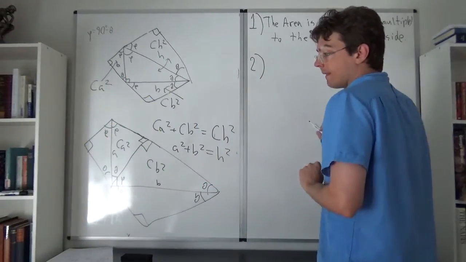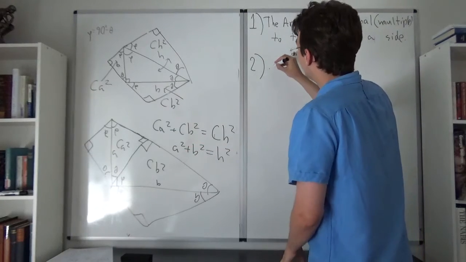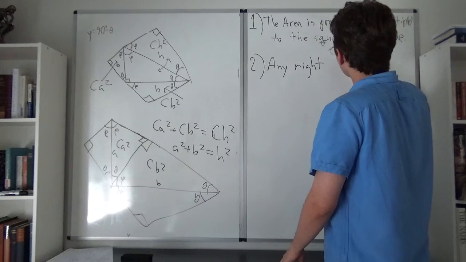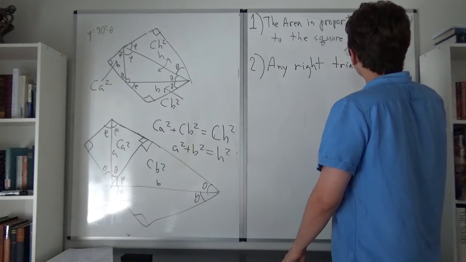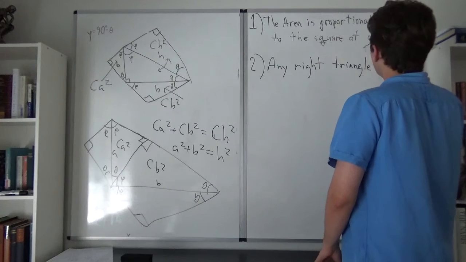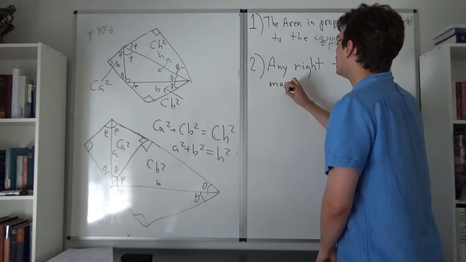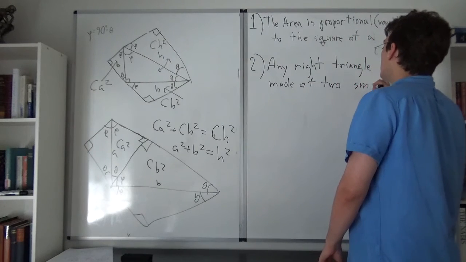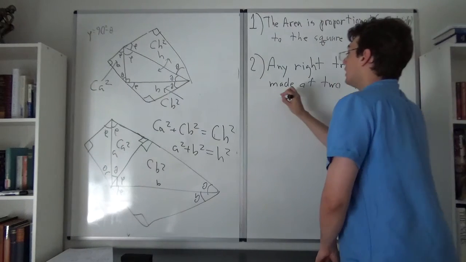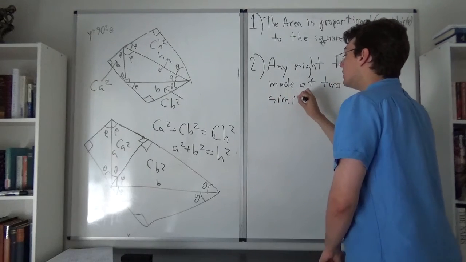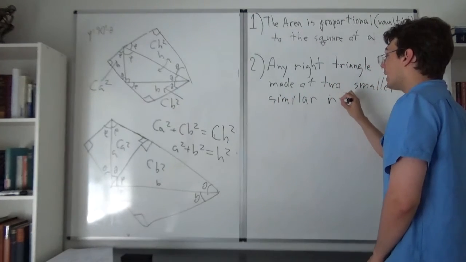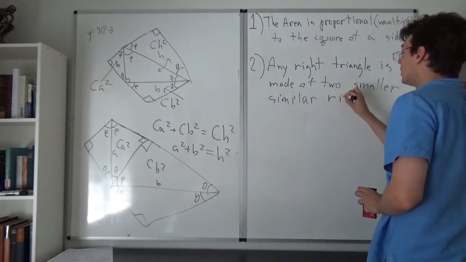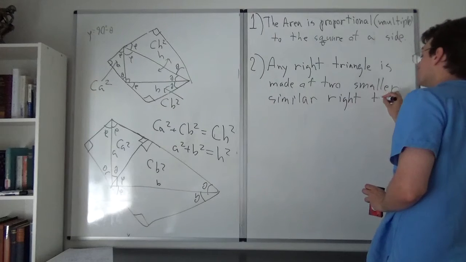And that's that any right triangle is made up of two smaller, similar right triangles.